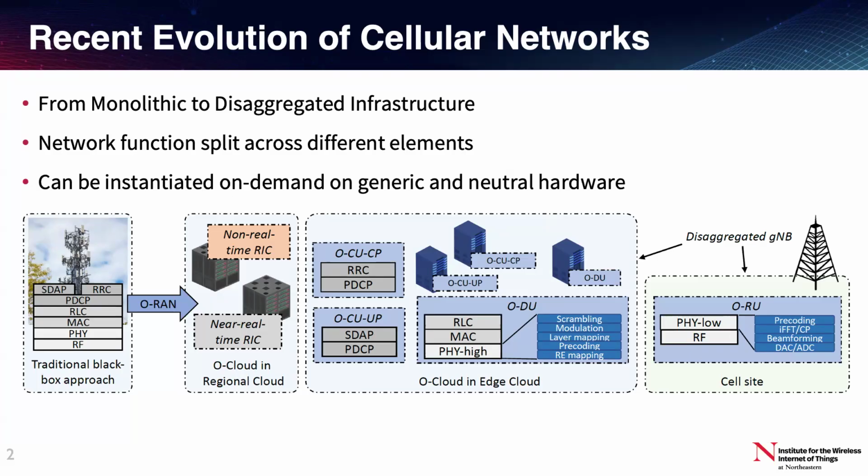This unit was in charge of pretty much all the functionalities of the base station, from the lower layers, so RF and physical tasks, to higher layers like MAC, RLC, and PDCP. It was all taken care of by a single unit.